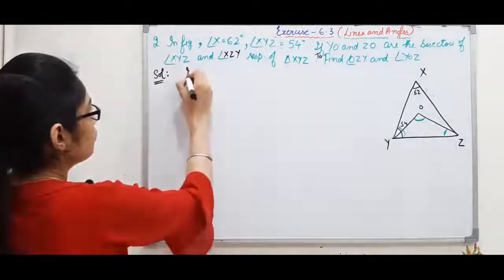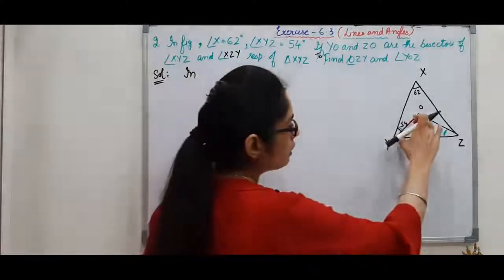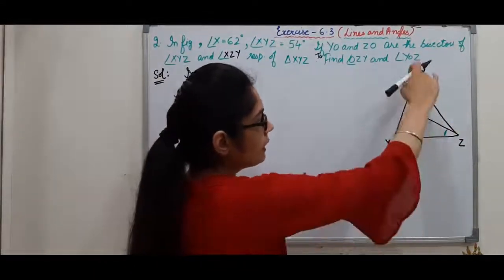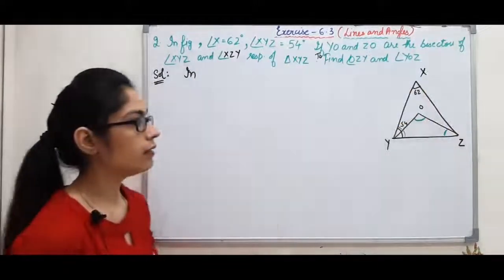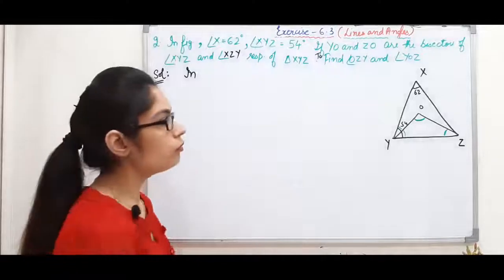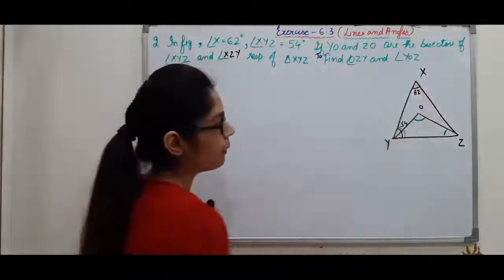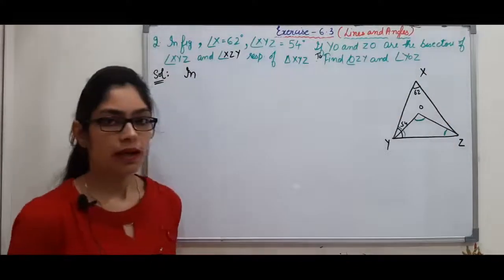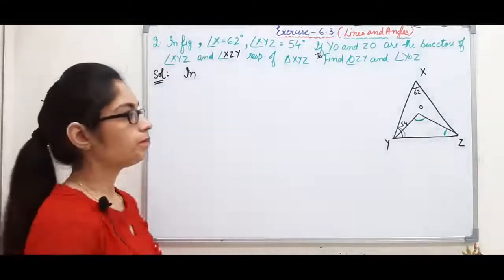So first of all, because we know these two are the bisectors of these angles, in this triangle XYZ, we know the values of two angles, angle X and angle Y. So let's find out the third angle, this one, by using the angle sum property of a triangle.